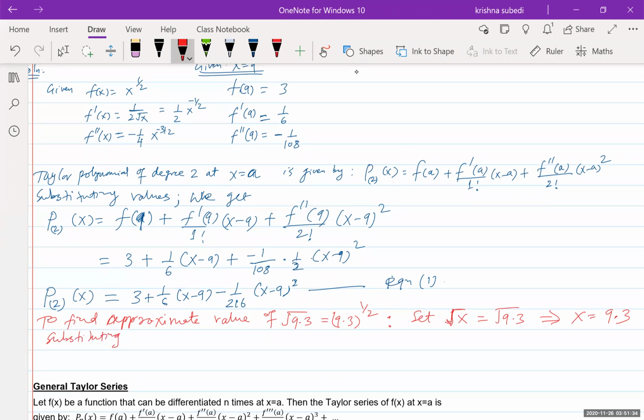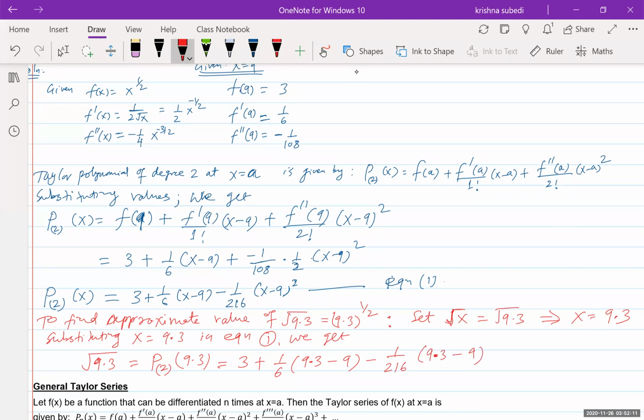Substituting x equals 9.3 in equation 1, we get P2 of 9.3 equals 3 plus 1 over 6 times 9.3 minus 9, substitute the value of x, minus 1 over 216 times 9.3 minus 9 squared.